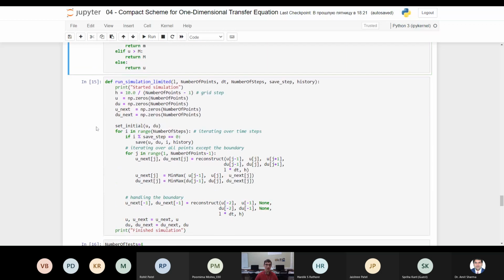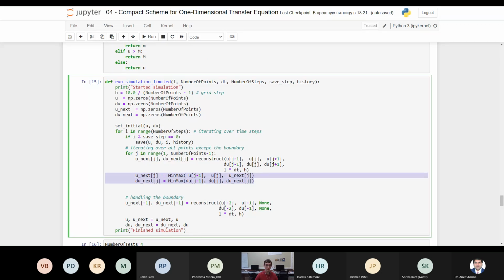So here we have the run simulation limited function, which is almost the same as the original function run simulation, with this minor difference. So on each time step here, for each point in the internal part of the region, after we reconstruct the values, we perform this correction procedure.